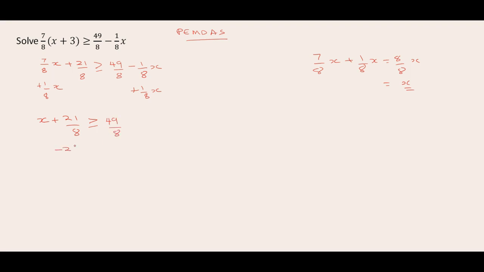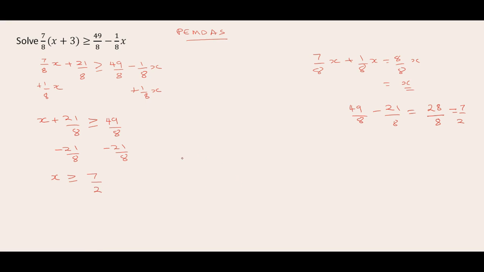Now we subtract 21 over 8 from both sides. So we have 49 over 8 minus 21 over 8. That should give us 28 over 8, which we can reduce to 7 over 2. So x is greater than or equal to 7 over 2.